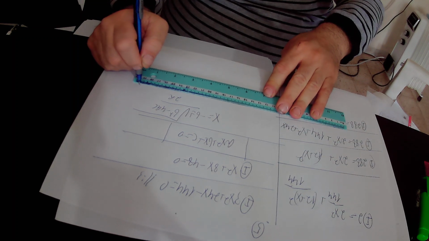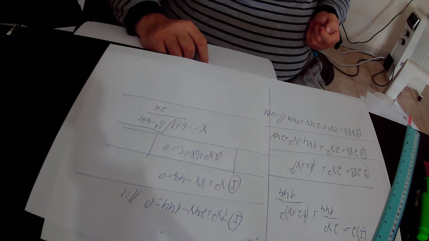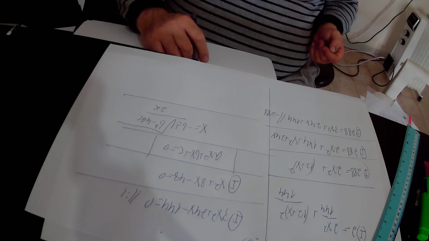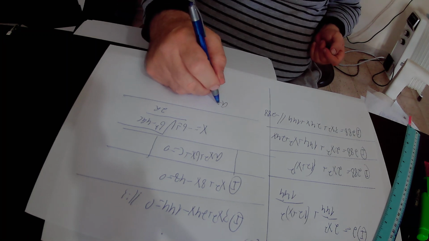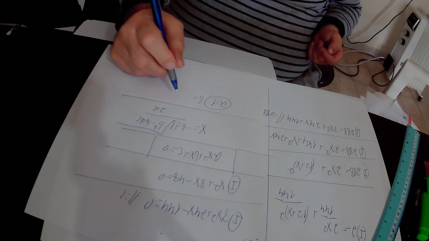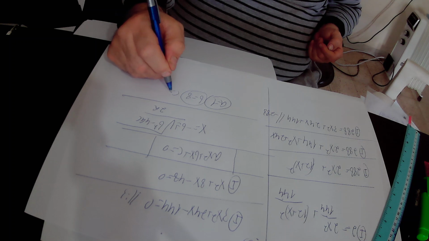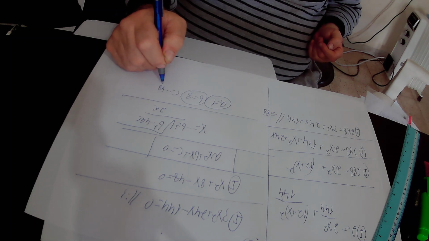In our specific quadratic equation, that is to say X squared plus 8X minus 48 equals 0, the coefficient a equals 1, the coefficient b equals 8, and finally the coefficient c equals minus 48.